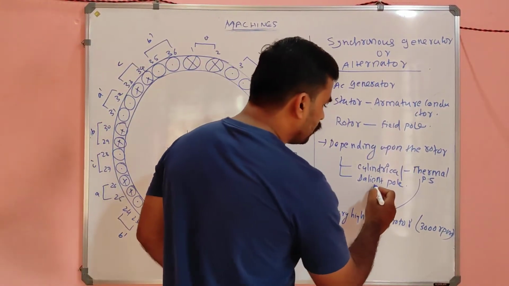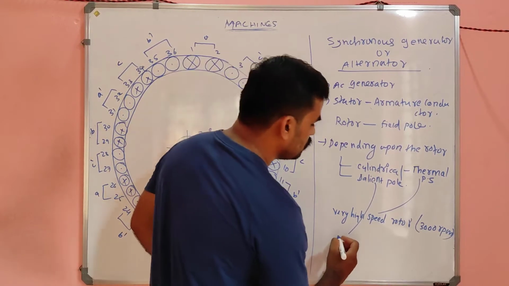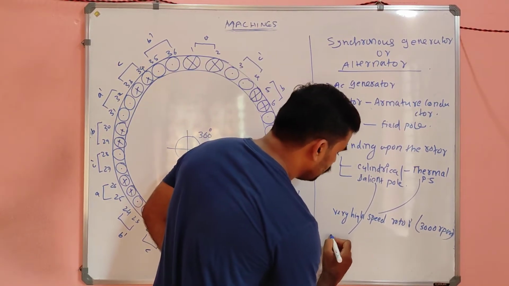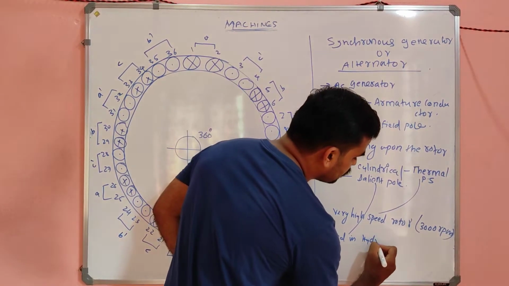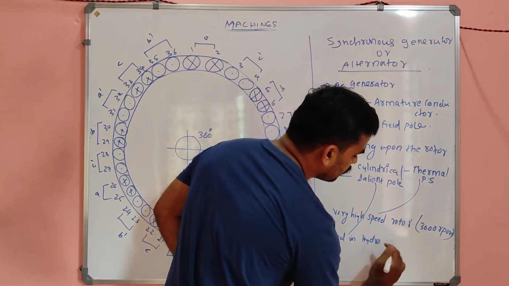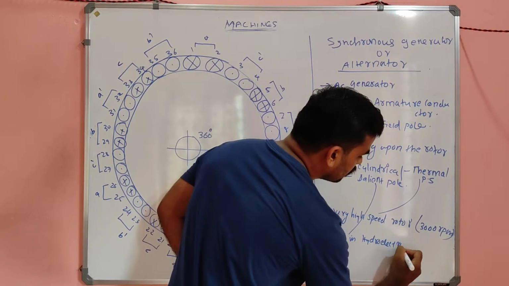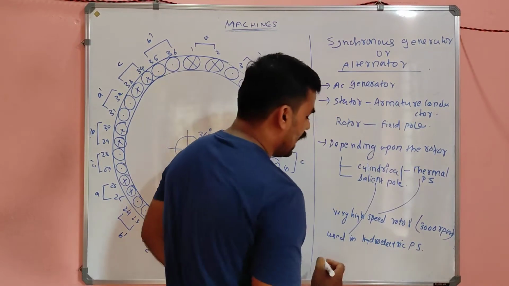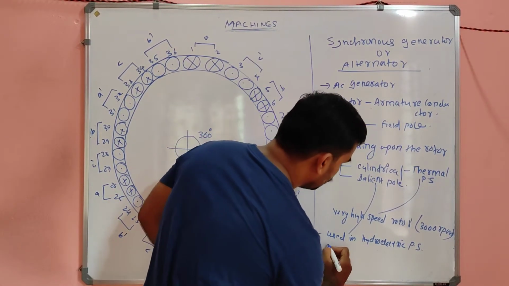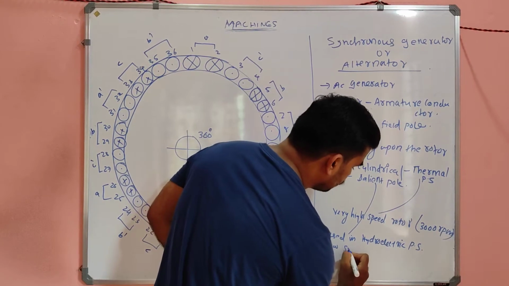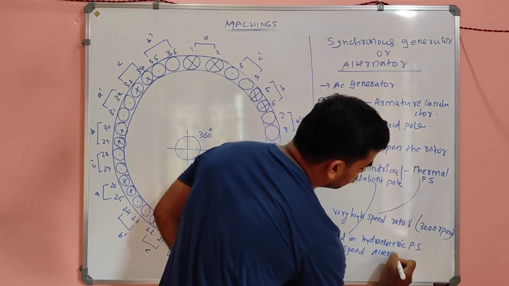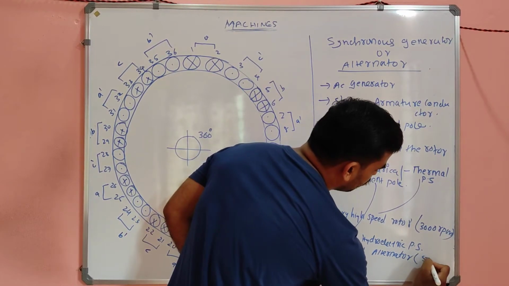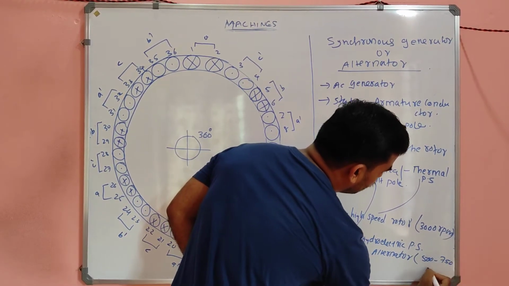And the salient pole rotor is used in hydroelectric power stations, and they are low speed alternators, normally 500 to 750 rpm.